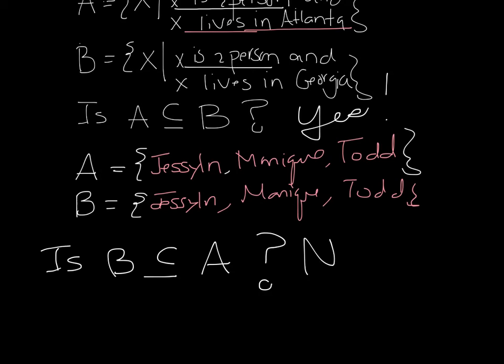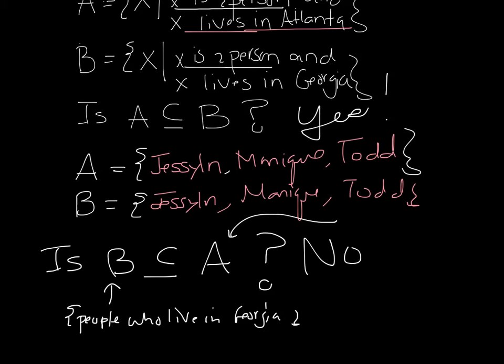Well, we know this is no, because this is saying people who live in Georgia, and this is people who live in Atlanta. If you live in Georgia, that doesn't necessarily mean you live in Atlanta. There are other places in Georgia that are not in Atlanta. So in this case, it is not a subset.